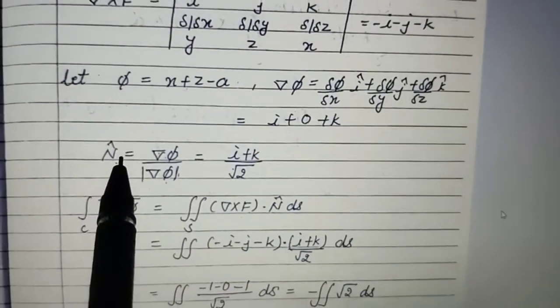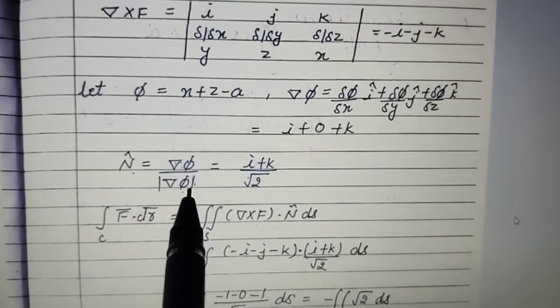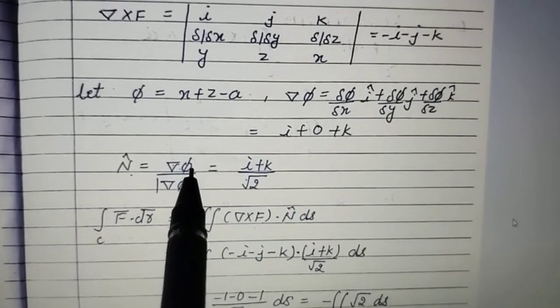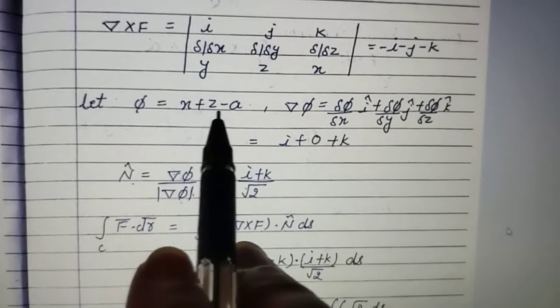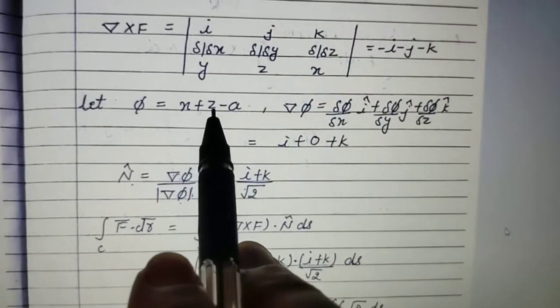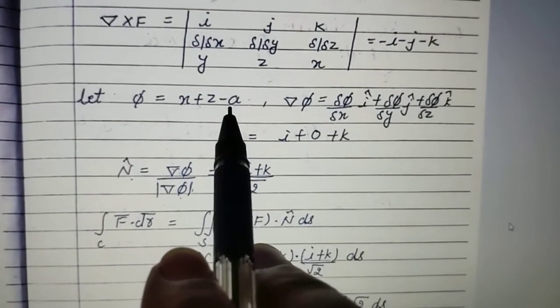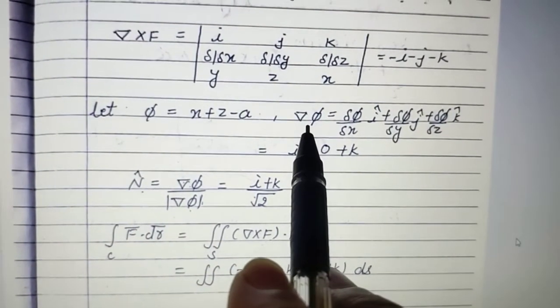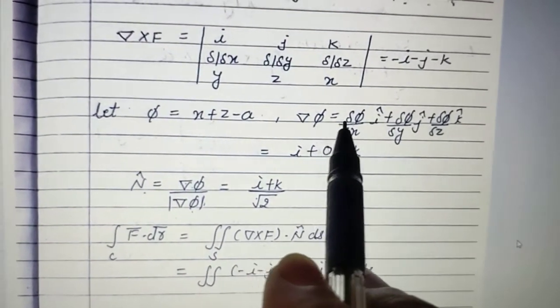So n cap will be gradient of phi upon modulus of gradient of phi. Here phi is the equation of the plane, x plus z minus a. So by this we will find the gradient of phi.